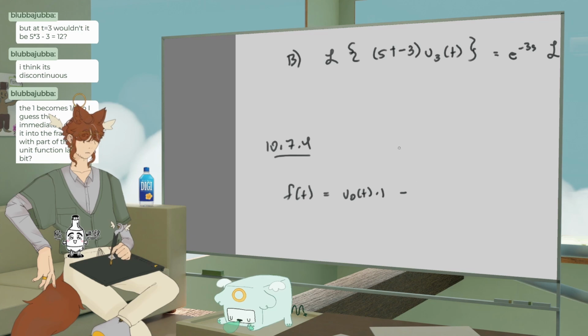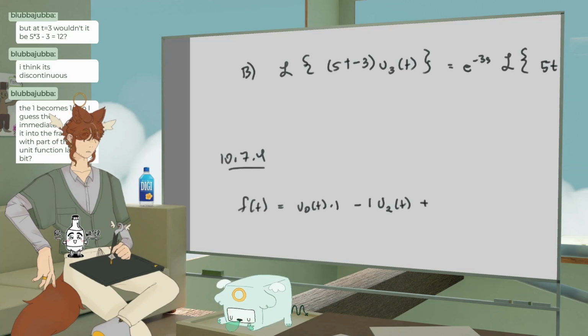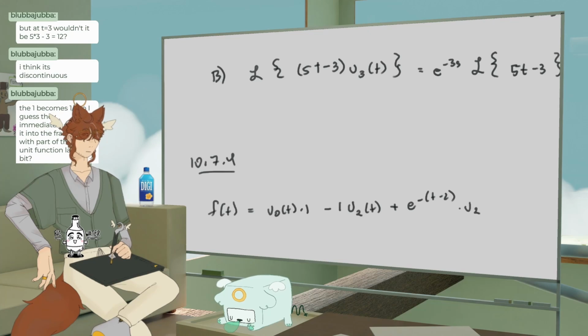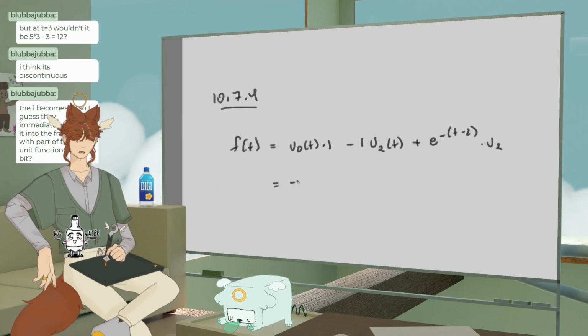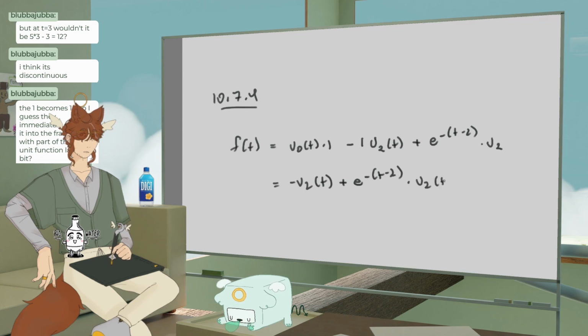And then we turn off 1 at 2, so u2 of t. And then we turn on e to the negative t minus 2 at u of 2, and that just stays forever. So our whole function is going to be u0 of t minus u2 of t, plus e to the negative t minus 2 times u2 of t.